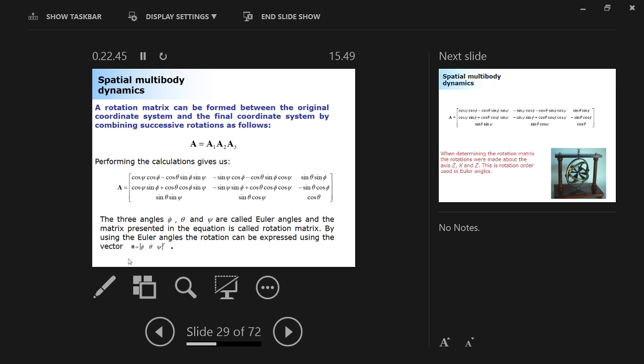Now, these are the Euler angles, generalized coordinates, the parameters that tell you the body orientation. I have 3 parameters, and they are listed here: the first one is phi, second one is theta, and the last one is psi.